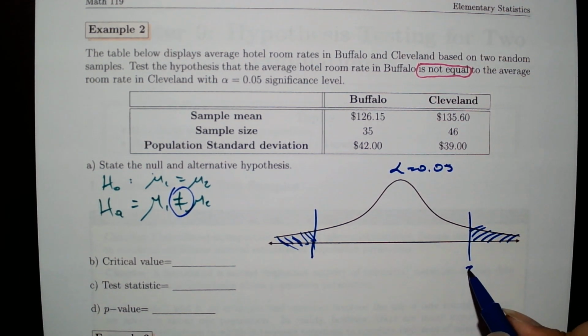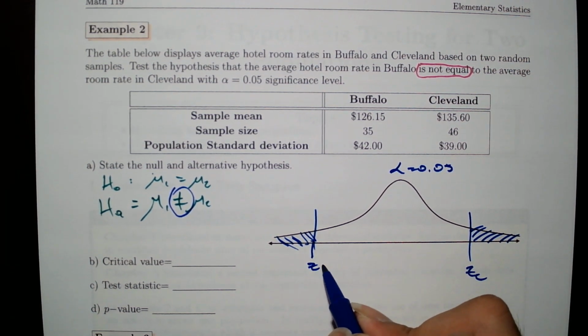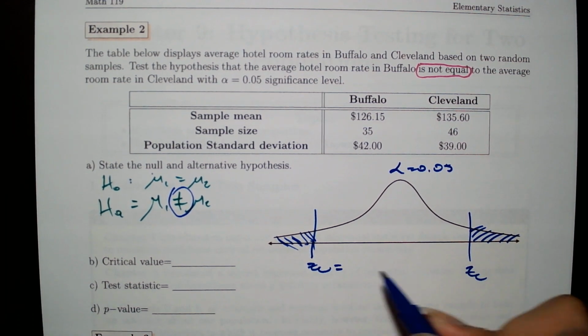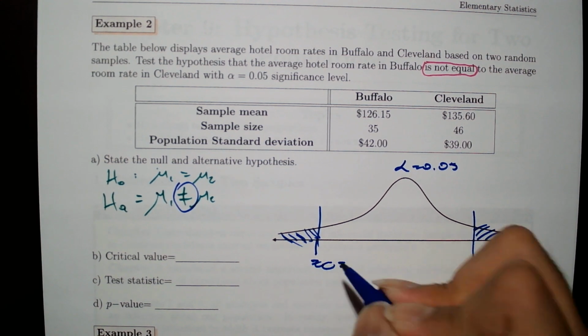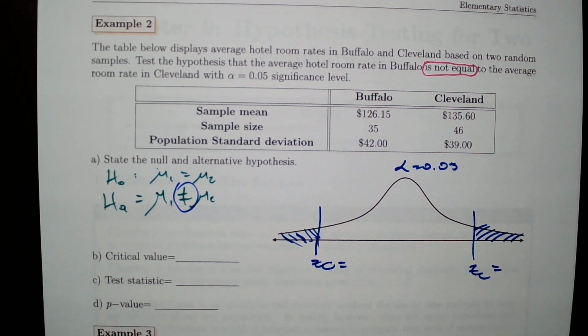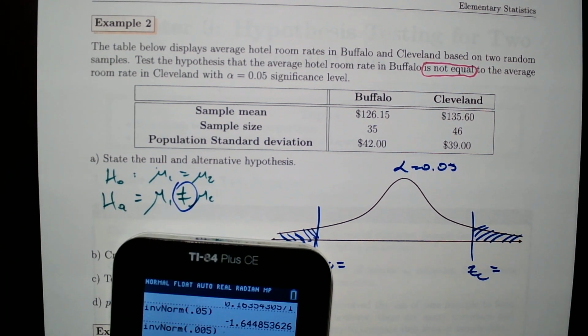All right, so Z critical. Let's see what we get for Z critical in this case. Let's find invNorm of, what was it? I think it was 0.025.